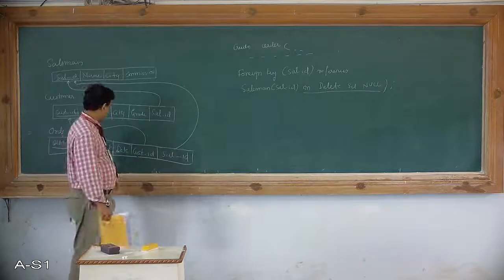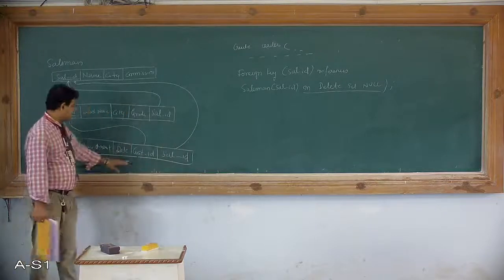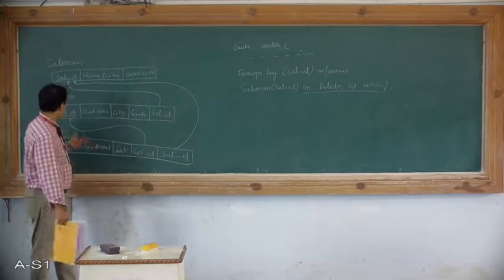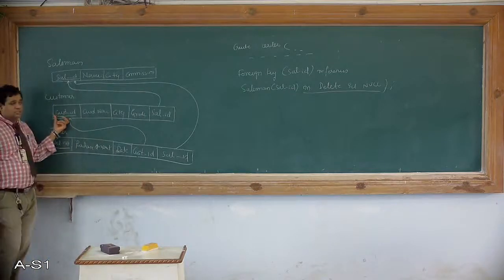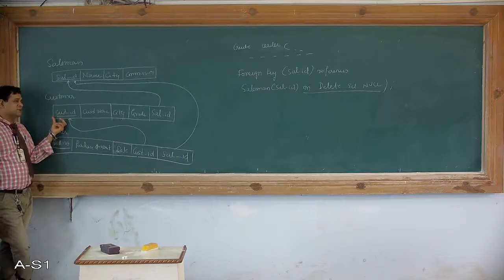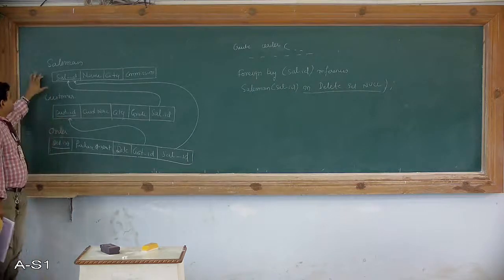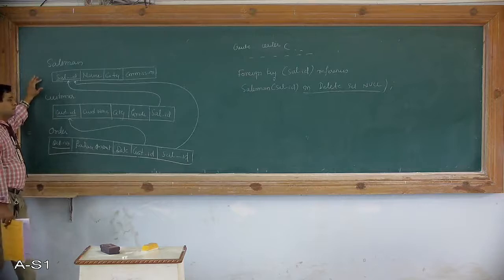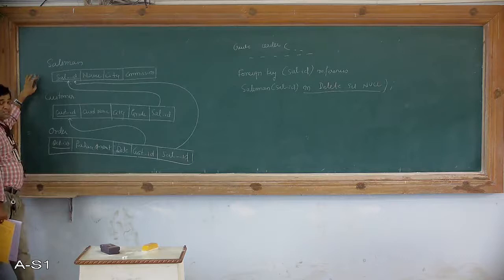Now suppose I want to delete this customer ID. Or suppose this customer is not existing, I want to delete this customer because sometimes it may become invalid, because of some reasons. Or this salesperson left the job, so I want to delete all the transactions that this salesperson has done.